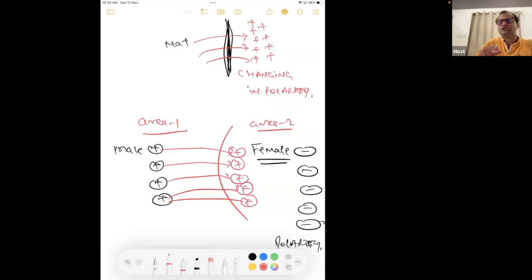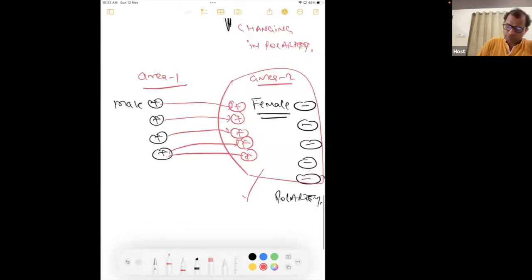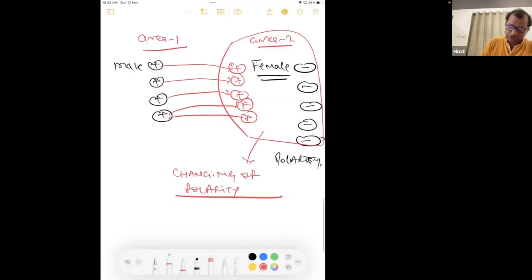So this is called changing in the polarity. Wherever sodium enters, if sodium is entering here, it will do contraction. So that's why we say changing of polarity, or muscle contraction, or depolarization.